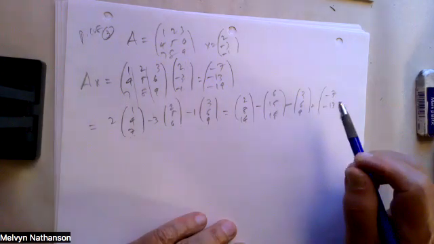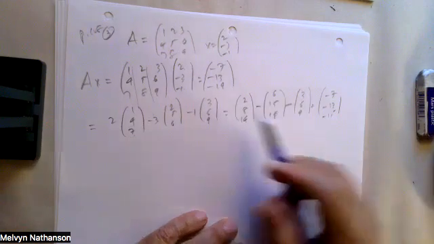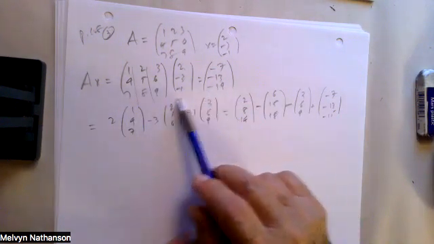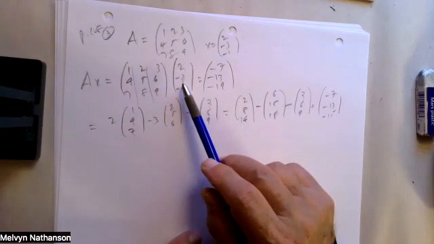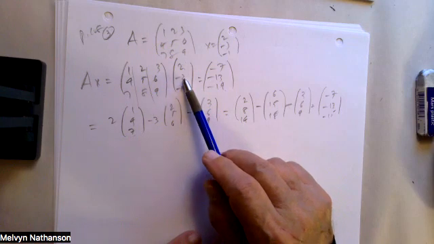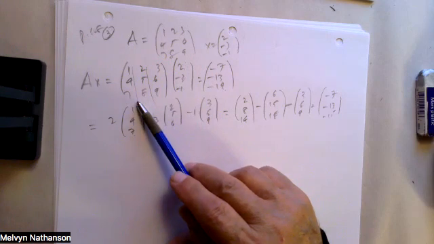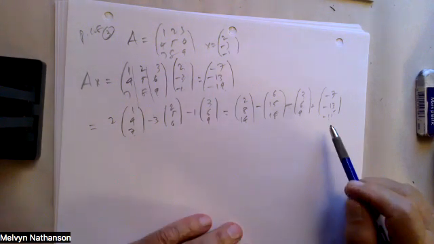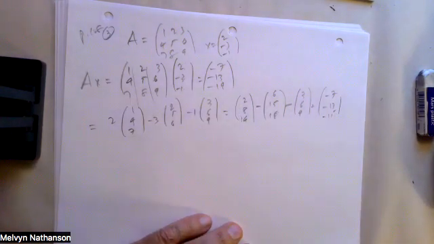Let me see if I did this correctly. I have an arithmetic error somewhere, because here I got 15, here I got 19.